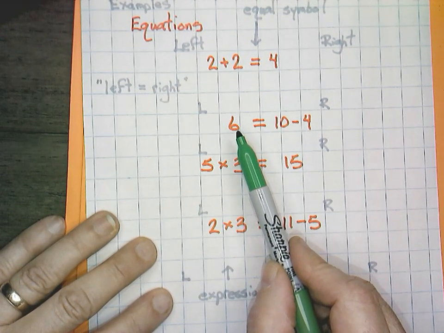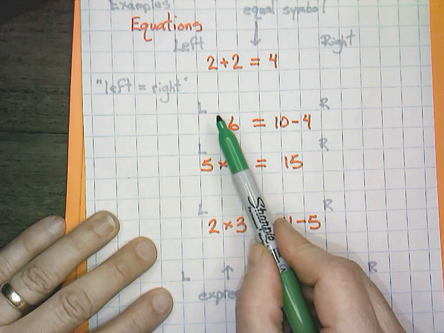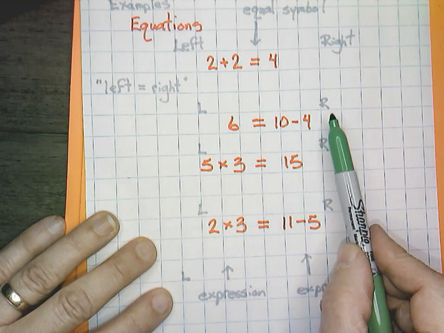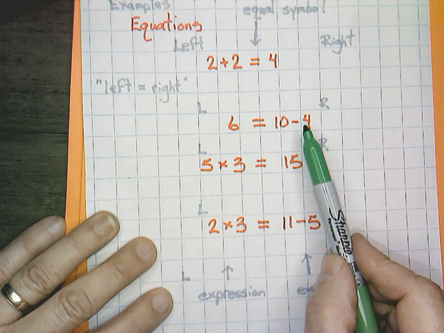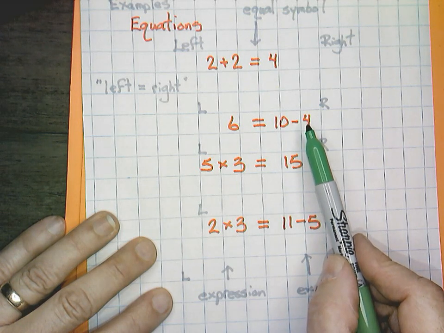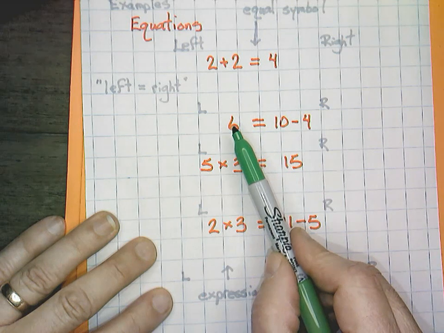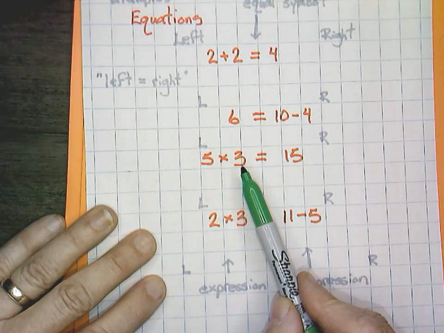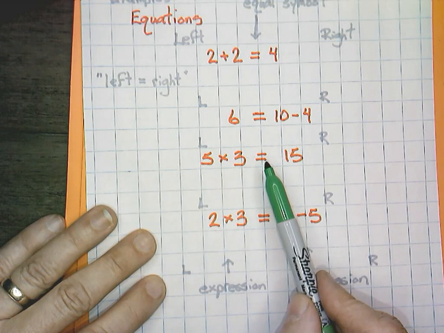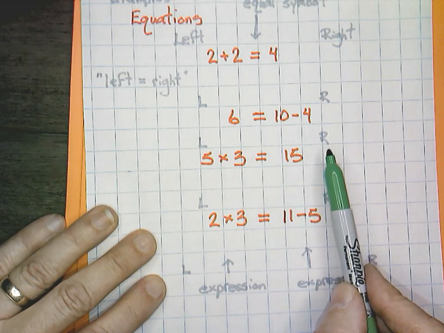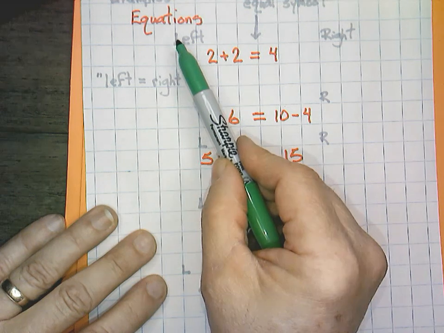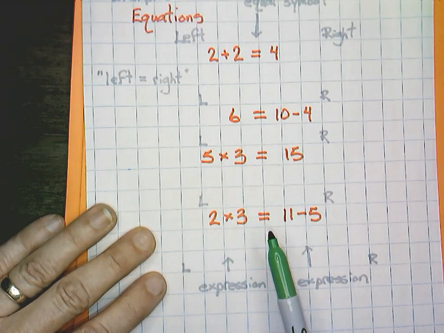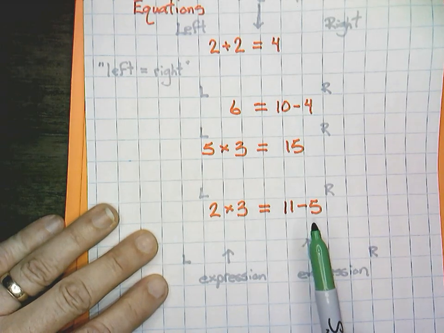Another example, 6 on the left is equal to 10 minus 4 on the right. If I were to do 10 minus 4, that equals 6. Well, that is equal to the 6 here. 5 times 3 on the left is equal to 15 on the right. So this is also called an equation. 2 times 3 equals 11 minus 5.